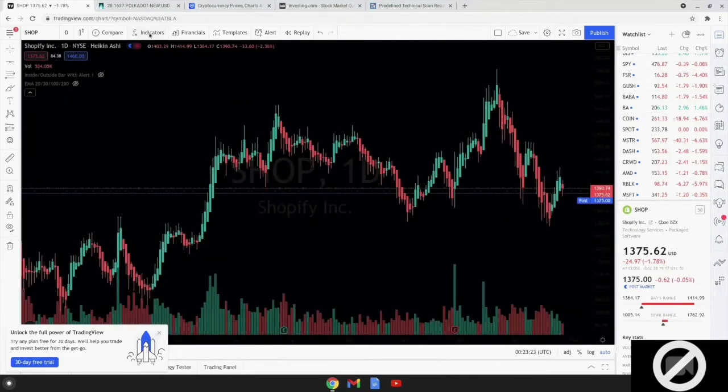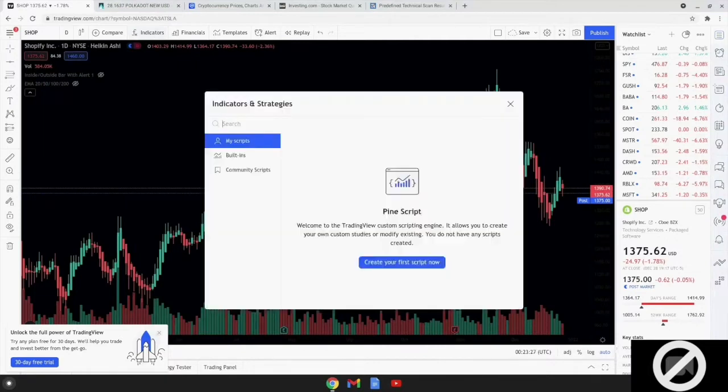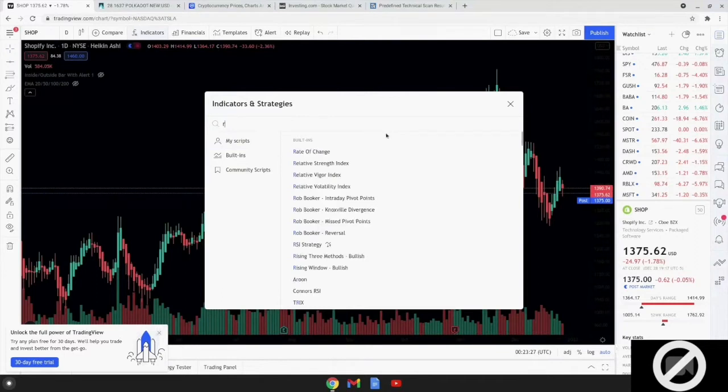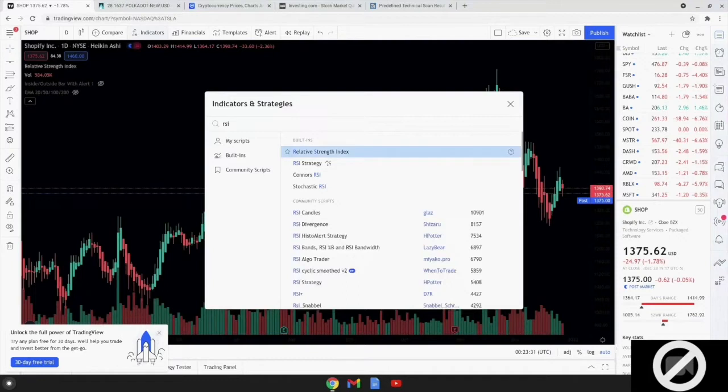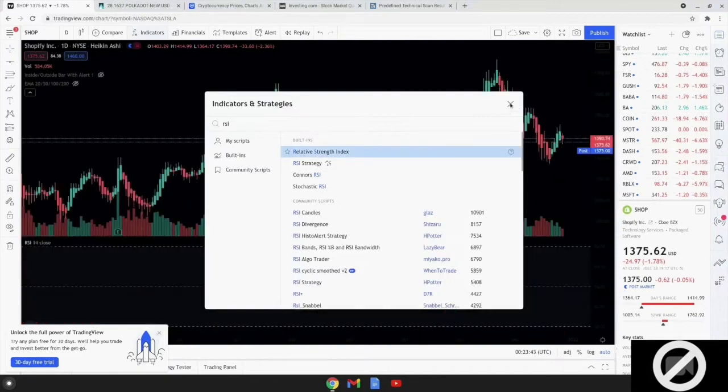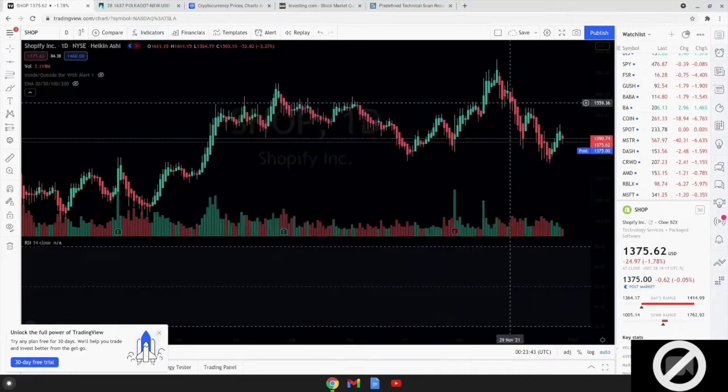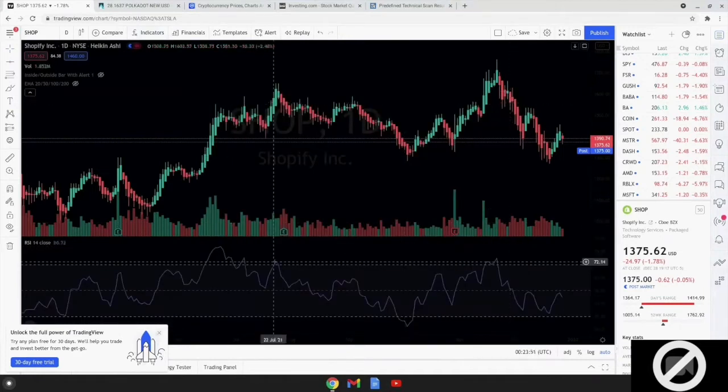The next indicator that a lot of people use is the RSI. So these are the two indicators that pop up on the bottom of your chart, okay?